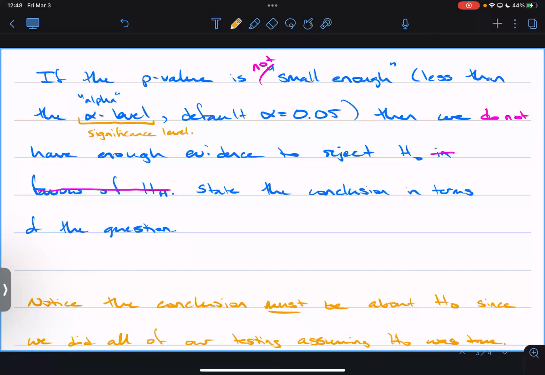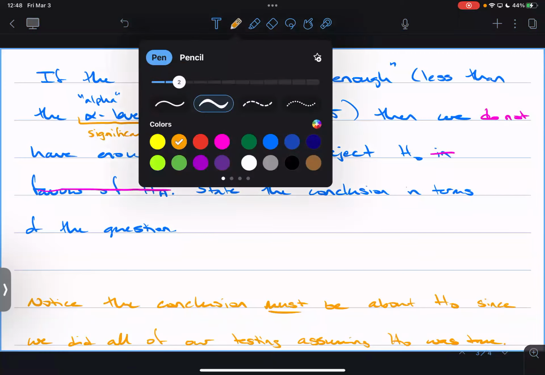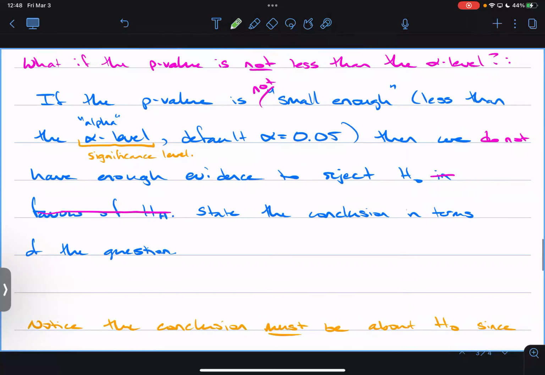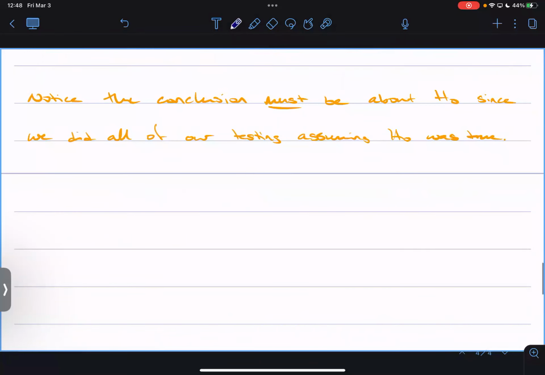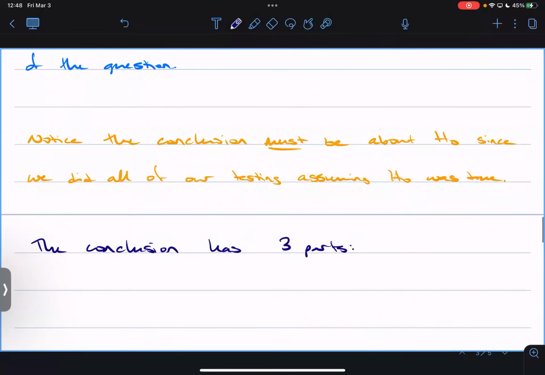And then what does that mean in terms of the question? The conclusion has three parts, and you have to mention all the parts.